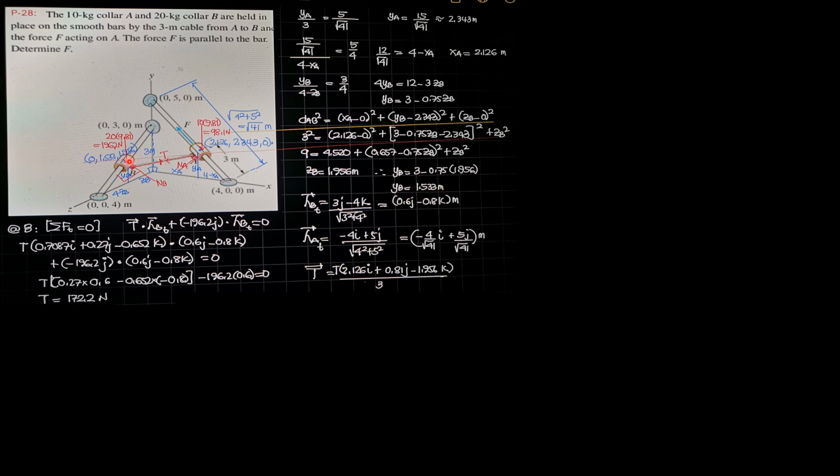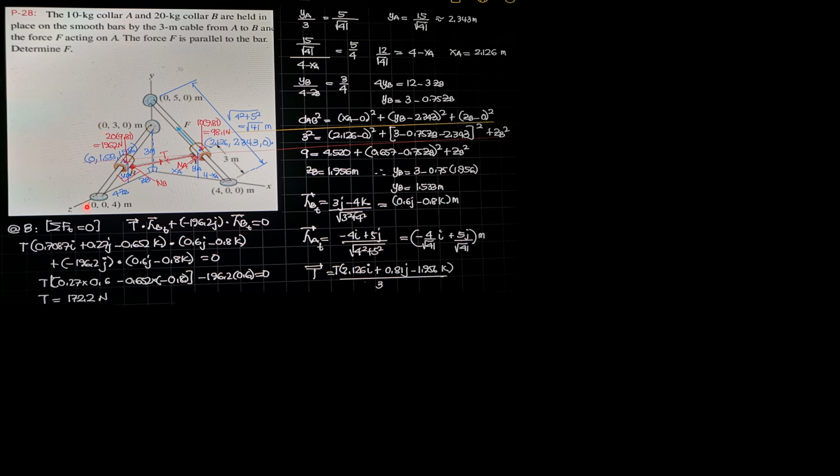So we now put the coordinates of collar B. X is 0, YB is 1.533 meters, and Z sub B is 1.956 meters. Therefore, the tangential unit vector of this bar is 3 minus 0. So this is 0, 0, 0 to 0, 3, 0.